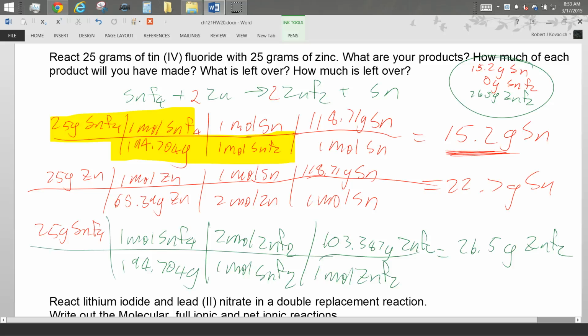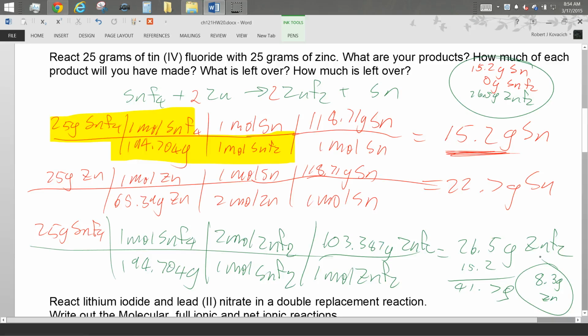And I've got 15.2, so that'll be a 7.1. So I have 41.7 grams of product, and I put 50 grams of stuff in, so that leaves me with 8.3. So there's leftover 8.3 grams of zinc, because 8.3 plus 41.7 equals 50. So that's the other thing that's in my container.